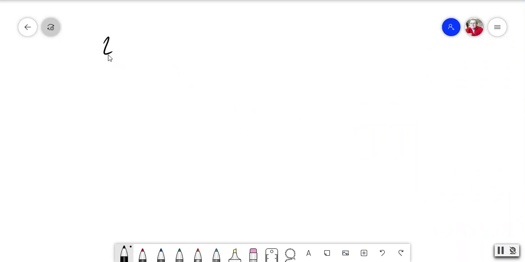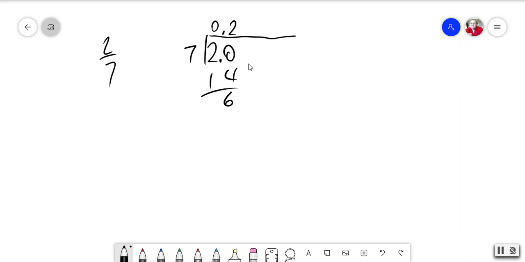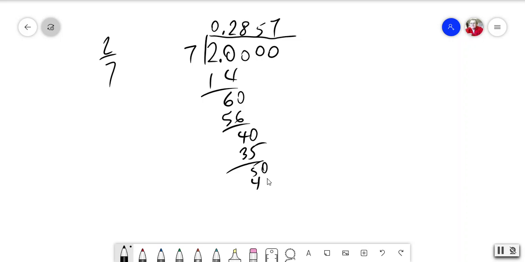7 is a lot of fun. Anything that has a 7 in the denominator is going to be kind of crazy. So 2 times 7 is 14. That gives 6. 8 times 7 is 56. That gives 4. 5 times 7 is 35. That gives 5. 7 times 7 is 49.